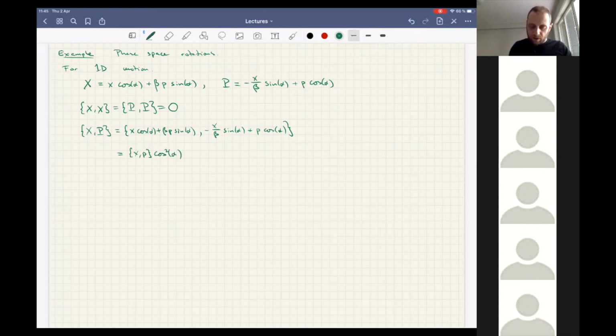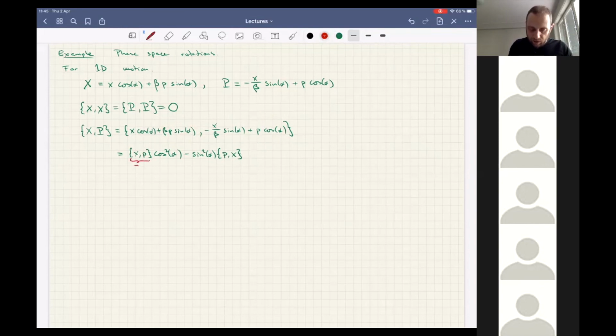And if I look at the second term, the commutator between this term and this term is proportional to the commutator of p with itself, which is 0. So what I'm left with is minus, and the betas cancel, so I will have minus sine squared alpha, and then the commutator of p and x.